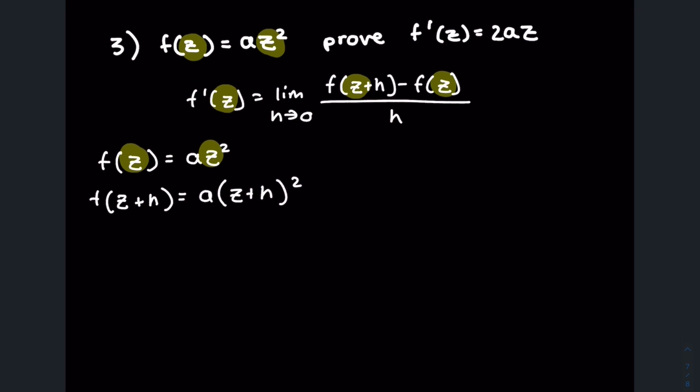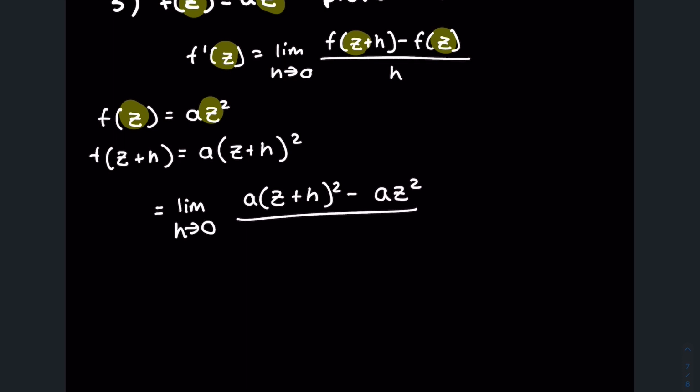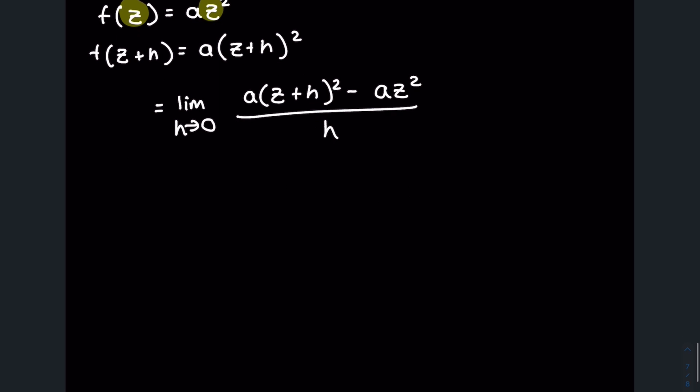So again, we've got everything we need, so we just follow the steps again. So the limit as h tends to 0 of f of z plus h, which is a times z plus h squared, minus a z squared, which is our f of z, over h. So we followed the same steps again. Limit h tends to 0, expand.